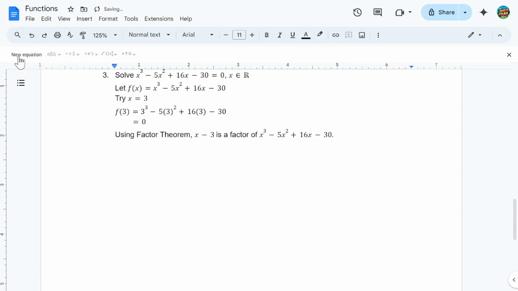So now, you must simplify this cubic equation into a quadratic expression times a linear expression. You can use any method you want to obtain the quadratic expression and linear, but I'll be using long division.